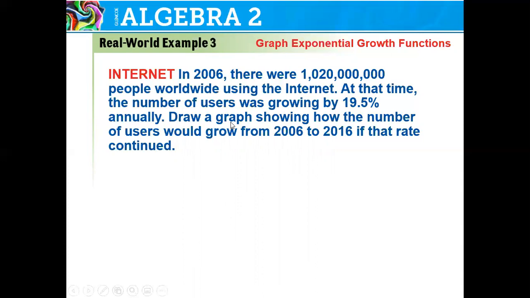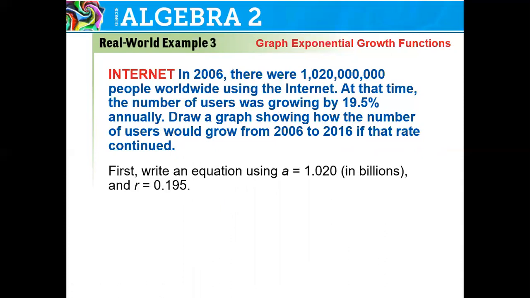We need to draw a graph showing how the number of users would grow from 2006 to 2016 if that rate continued. First of all, you will write your givens. Initially, I have A, the symbol for initial amount, so A is 1.020 in billions, and R, the percent of increase, is 0.195.